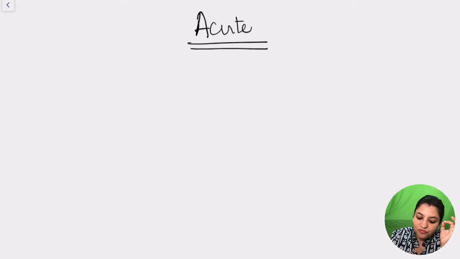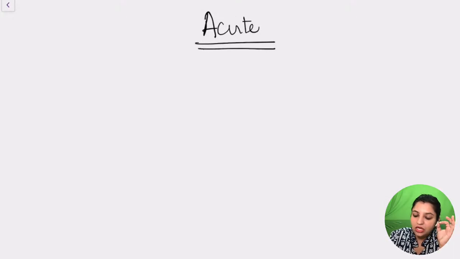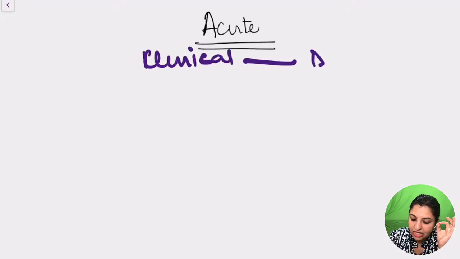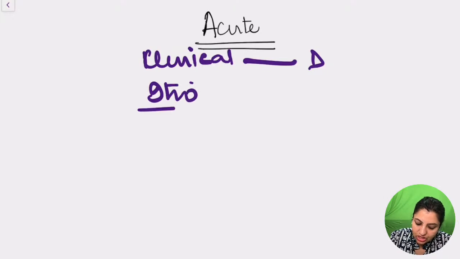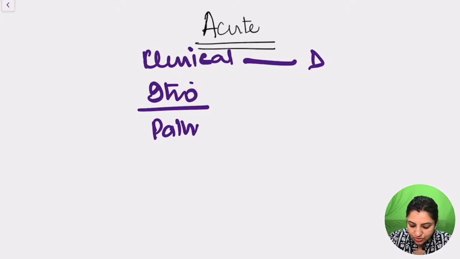Whenever you're writing a question, read the clinical case first. Read the clinical case, make the diagnosis. If they're not giving you a clinical case, you write the clinical details of the patient. Then you start with etiology, which we have discussed. Once you have written etiology, write the pathogenesis, which we have also discussed.